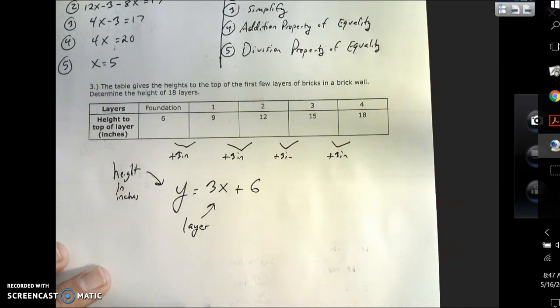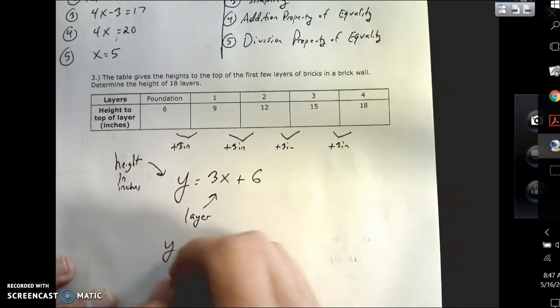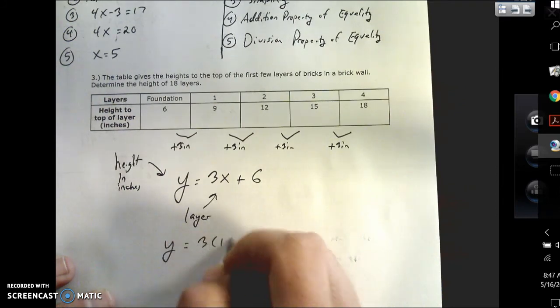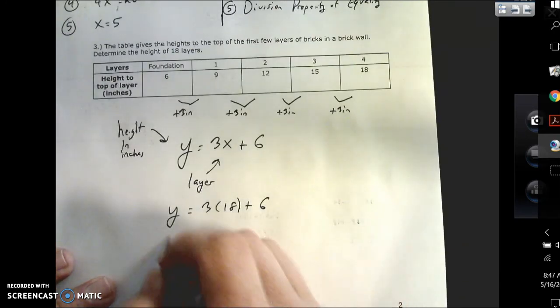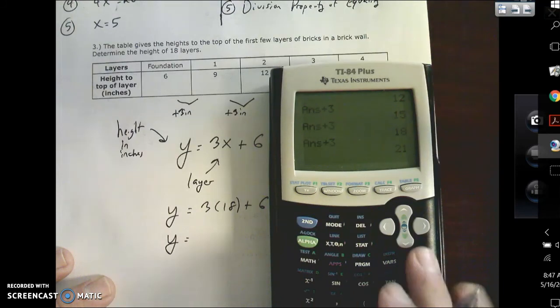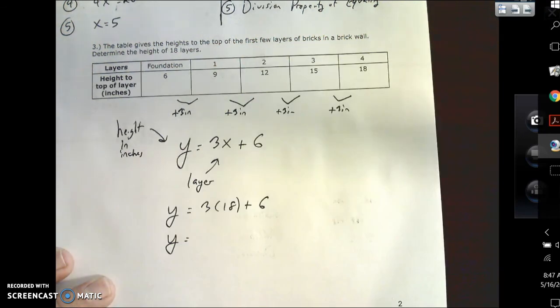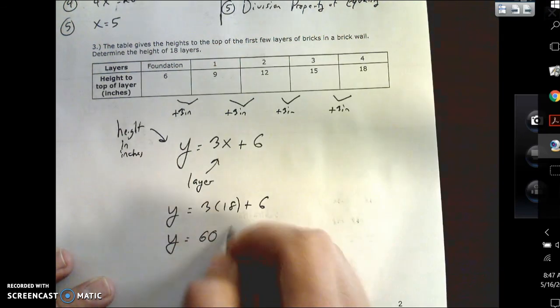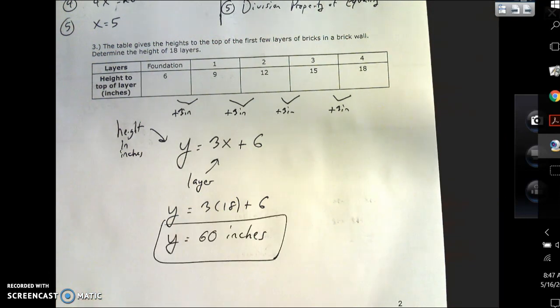So, now that I have this equation, I want to know when it's the 18th layer, y equals 3 times 18 plus 6. Okay? So y equals, let's go back to our trusty calculator. 3 times 18 plus 6. We're looking at 60 inches. And all is well.